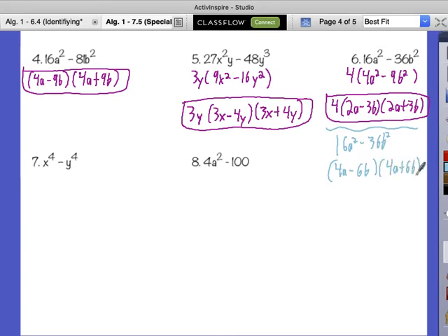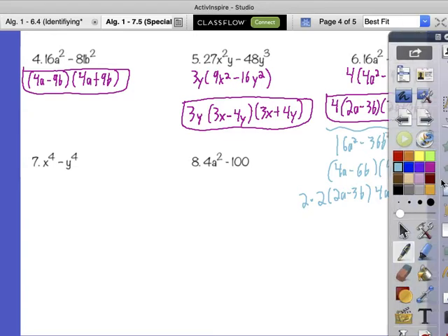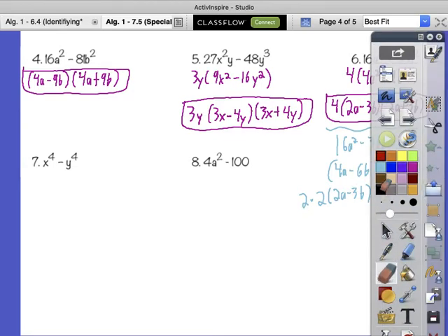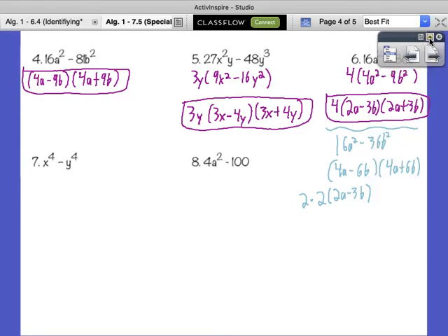Yeah, but do we have a GCF inside the first parenthesis? Yeah. What is it? 2. So we factor a 2 out and we're left with 2a minus 3b. Do I have a GCF in my second parenthesis? Yes. What is it? A 2. So it's 2a plus 3b.